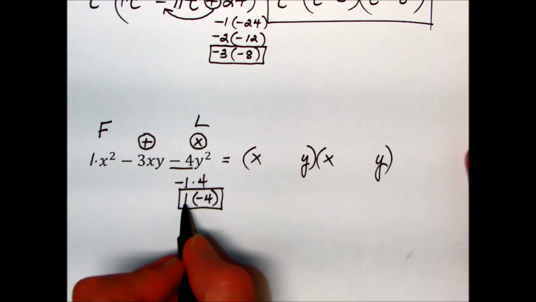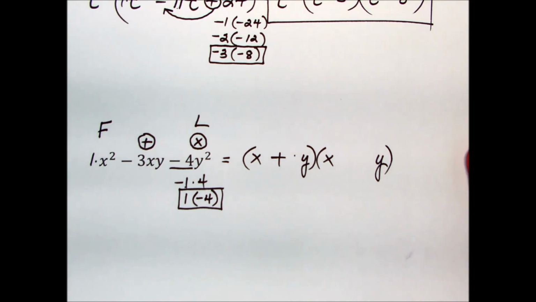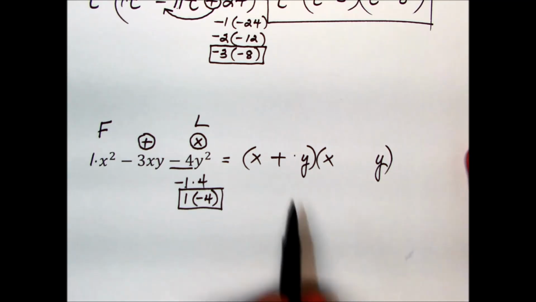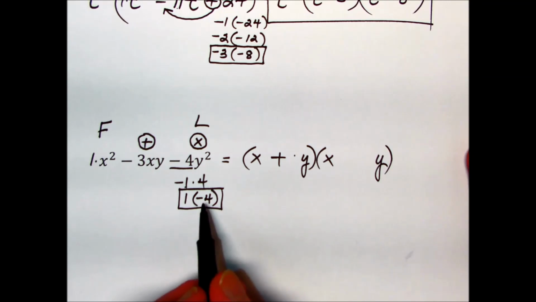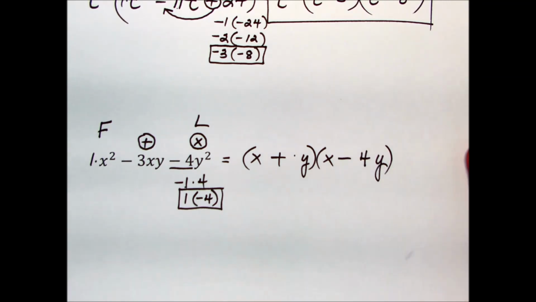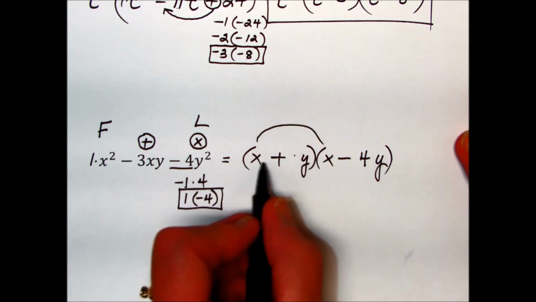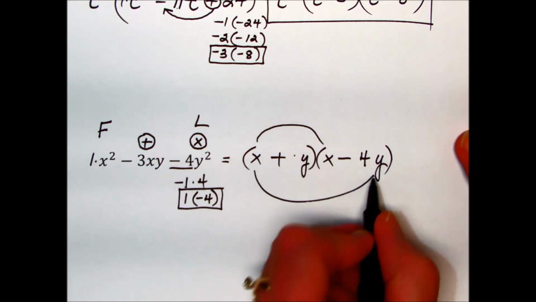That means we're going to put a positive 1 times y, and we could put the 1 or just leave it as y. It's understood to be 1. And then we're going to put a minus 4y for our second term in this second binomial. Just to check this, first terms multiplied together, there's the x squared.